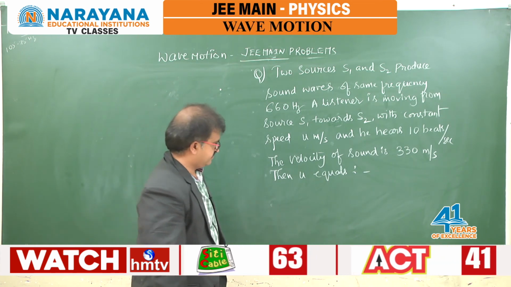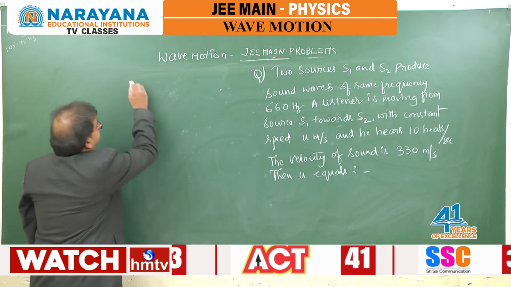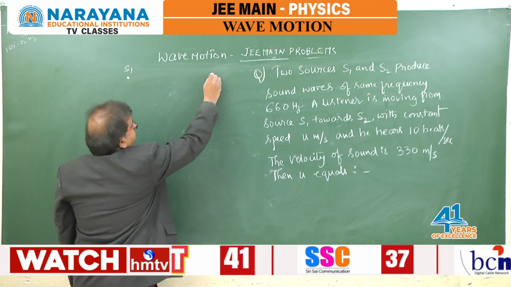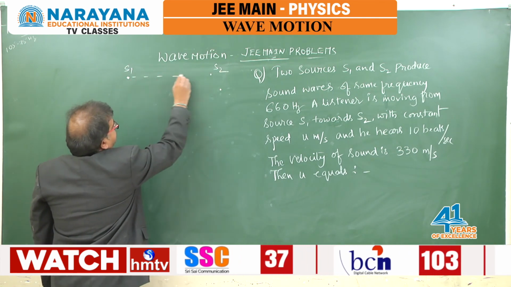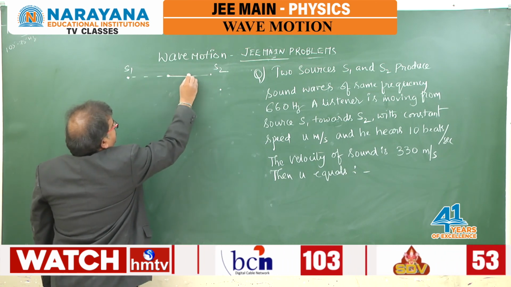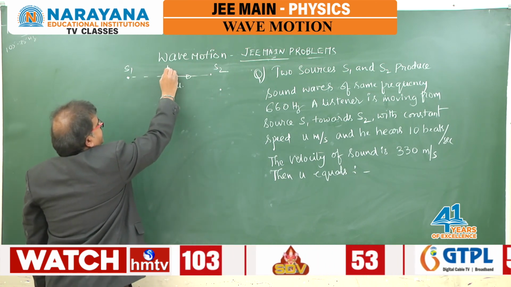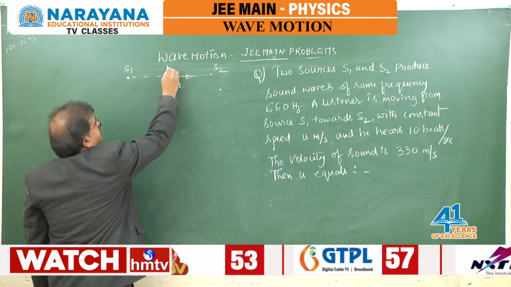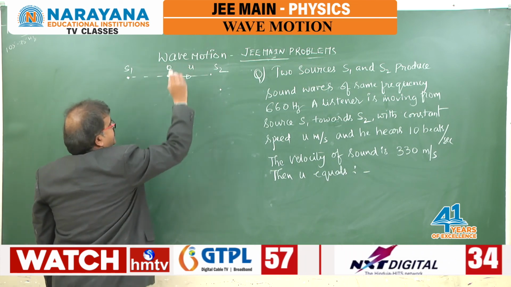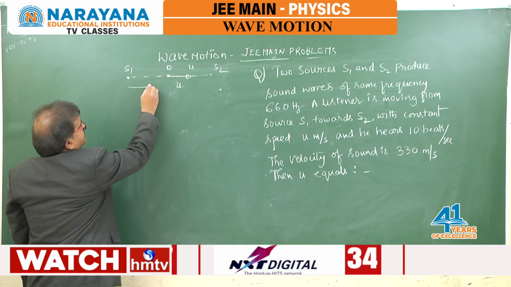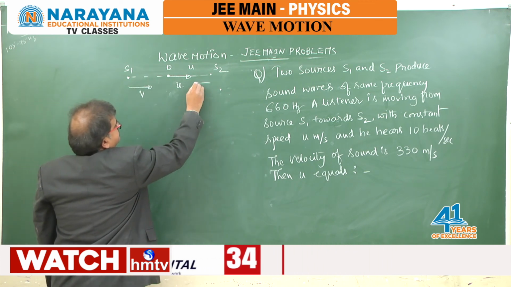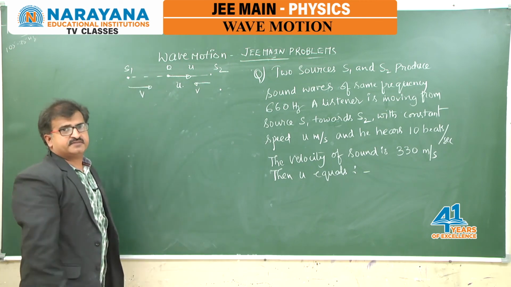That is the question. So here, if sources S1, S2 are taken, from S1 to S2, the listener or observer is moving with some velocity u. Sound is traveling from the sources to the observer.